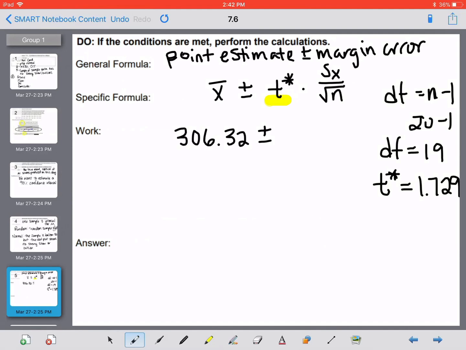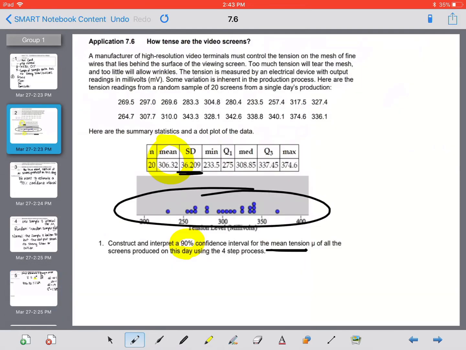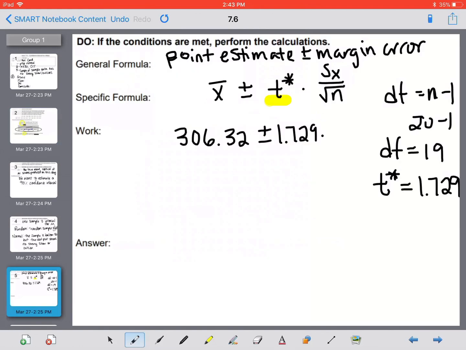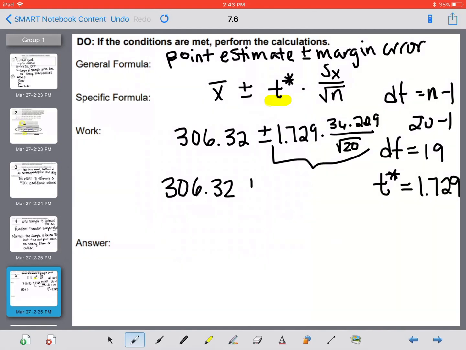I showed how to find the t on the 7.5 video, so if you need a refresher, go back to that video. Our standard deviation, they give us, 36.209, over the square root of 20. Now I'm going to plug all of this into a calculator.